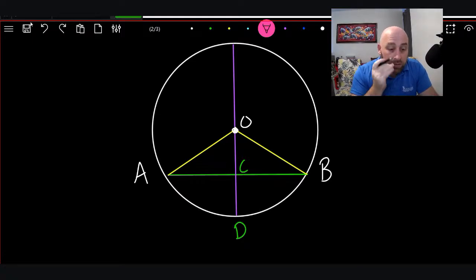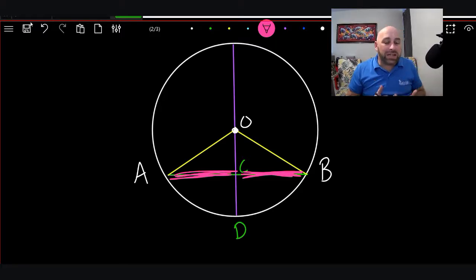Another thing that it's going to create is AC equals BC. That's an interesting thing that it's doing right there: AC is going to equal BC. It's going to bisect that. So it's going to create a lot of equal parts. Now, if you've been paying attention in geometry, whenever we work with proofs, we do a lot of, hey, if something bisects, then this is equal to this.